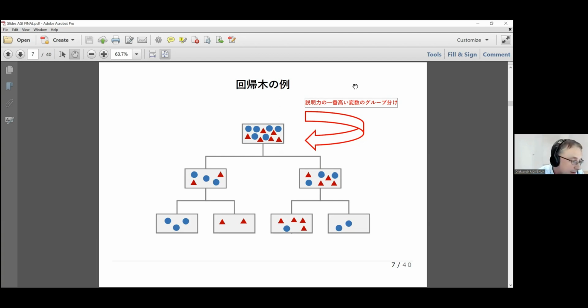The actual data for income is 1 million, 2 million, 3 million, 4 million, and all the way to 10 million. So in the machine learning algorithm, we try different data partitions. The first one would be by the first explanatory variable, gender. Because this is data for students, we partition into boys and girls.